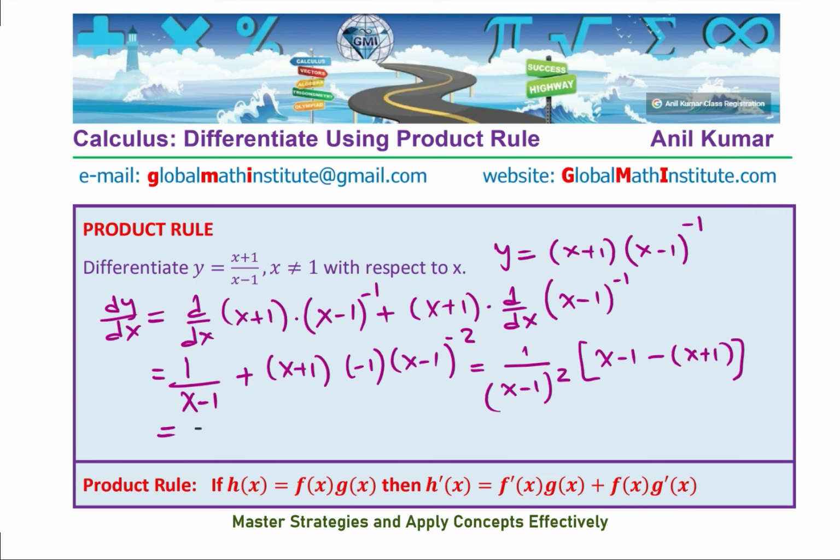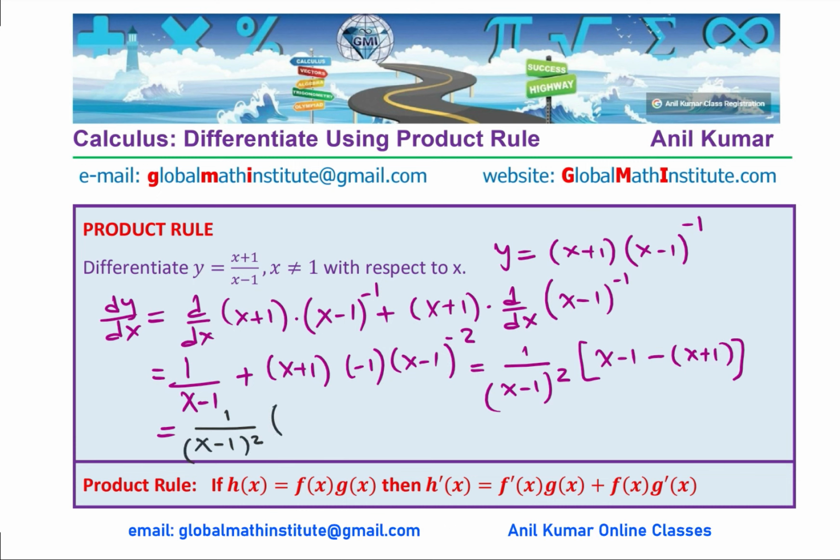Let me first write the denominator, 1 over x minus 1 whole square. And in the numerator, we have x minus x, which is 0, and minus of minus 1 gives me minus 2, right? So this is basically minus 2 over x minus 1 whole square. Makes sense? So that is how we can find the derivative of this particular function.